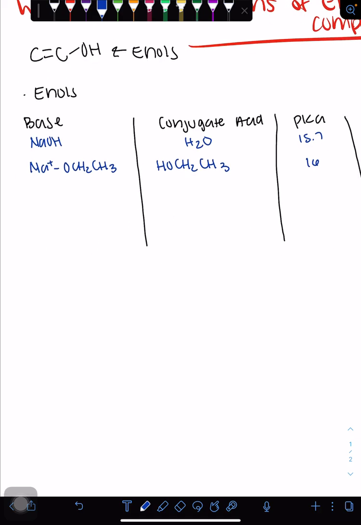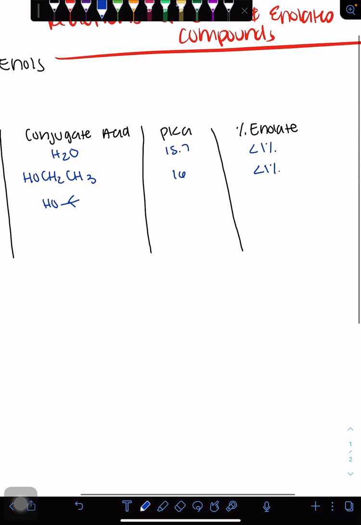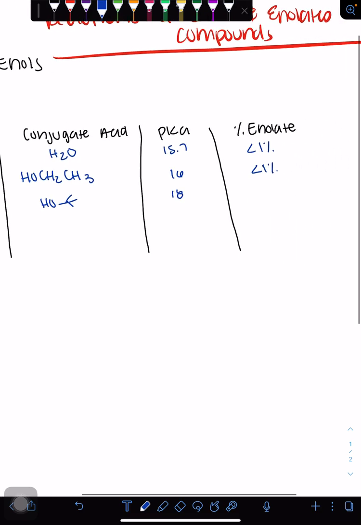But then if we have a base of potassium with an oxygen with carbon, and then parentheses CH3, three of those, and react it with this, we'll get a pKa of 18.